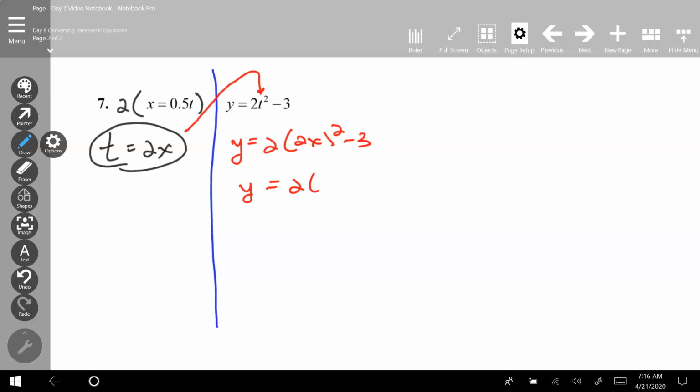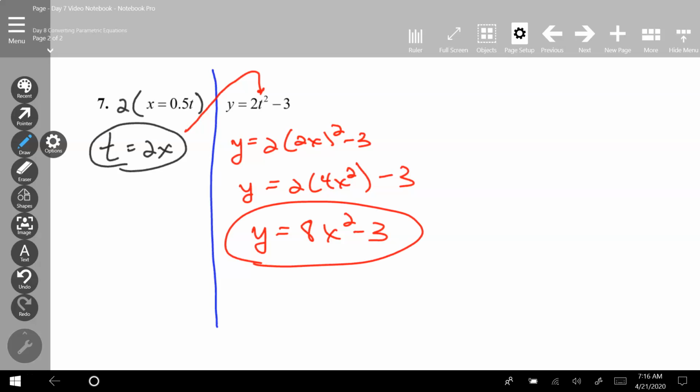Y equals 2 parentheses 4x squared when I distribute the squared minus 3. Y equals 8x squared minus 3 is my Cartesian equation. I eliminated the parameter t, and going back to your Algebra 1 days, is a quadratic, or what we know as the graph of a parabola.